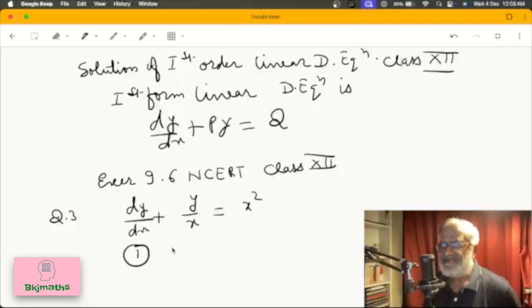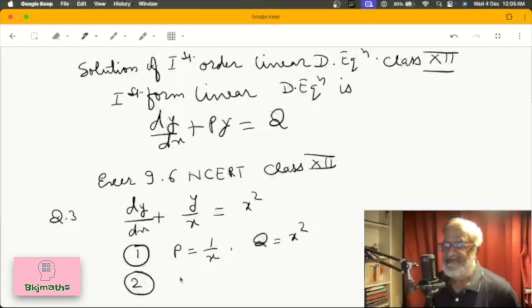So here p equals 1 by x and q is x square. The second step is to find the integration factor. So the integration factor is e to the power integration p dx.